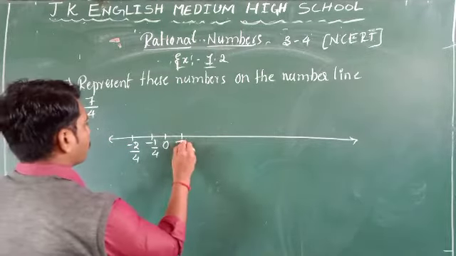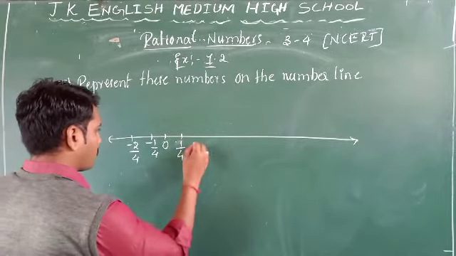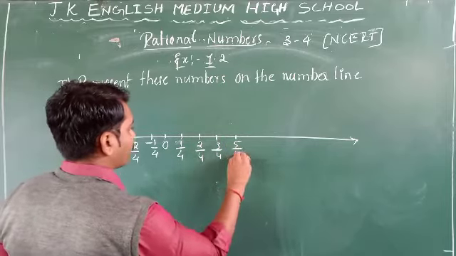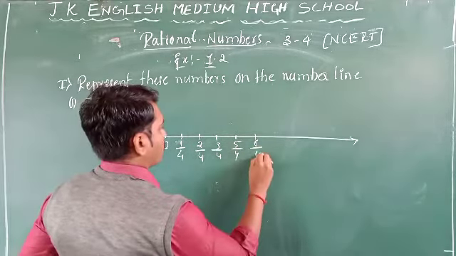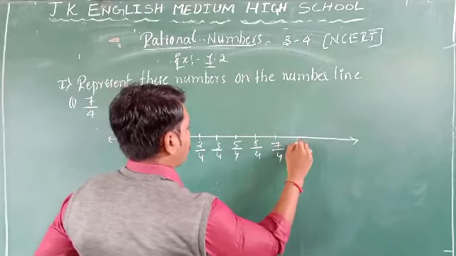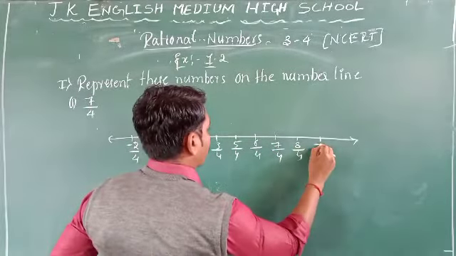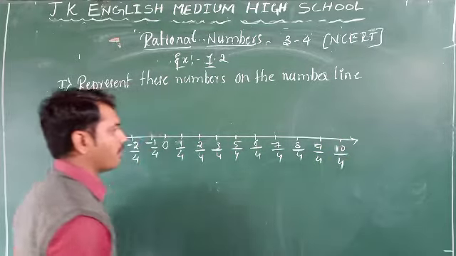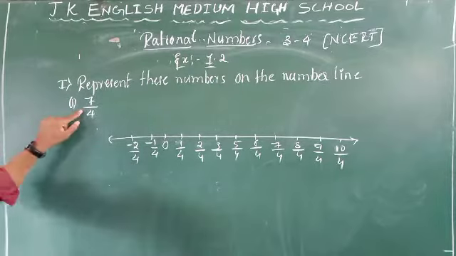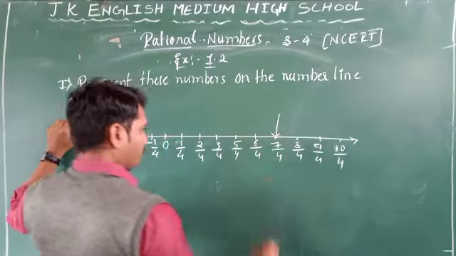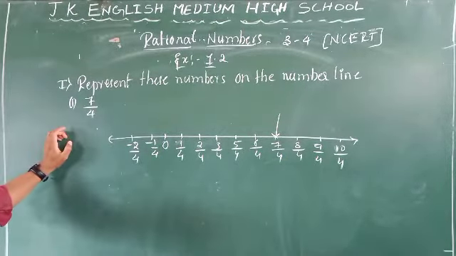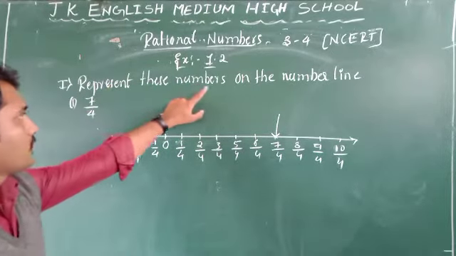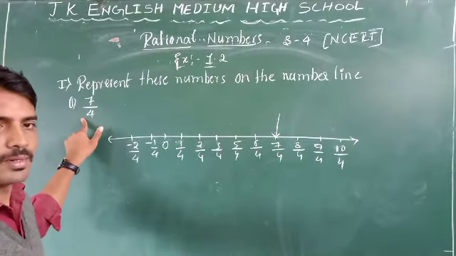Coming to this side, plus numbers will come: 1 by 4, 2 by 4, 3 by 4, 4 by 4, 5 by 4, 6 by 4, 7 by 4, 8 by 4, 9 by 4, 10 by 4. But the given number is 7 by 4, so we just have to draw an arrow mark. This is the representation on the number line of the given number.